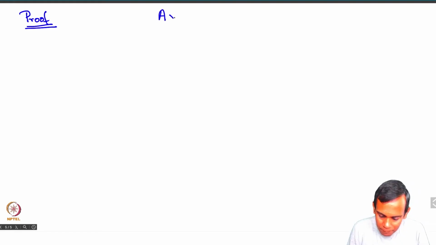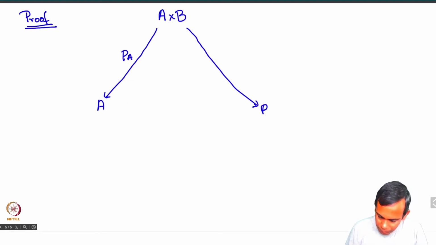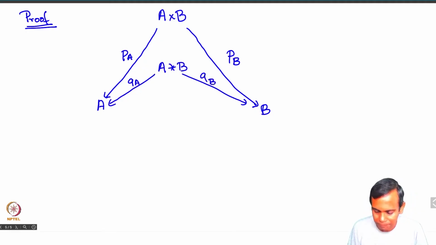So we have A cross B, and we have these projection maps, P subscript A to A, and we have a projection map to B called P subscript B, and then we have A star B, and we have the projection map Q subscript A, and we have projection map Q subscript B. And what the universal property or the definition of the product says, the fact that A star B is a product, then we can take C to be this object A cross B, and we can take FA to be PA and FB to be PB in the definition of the product.